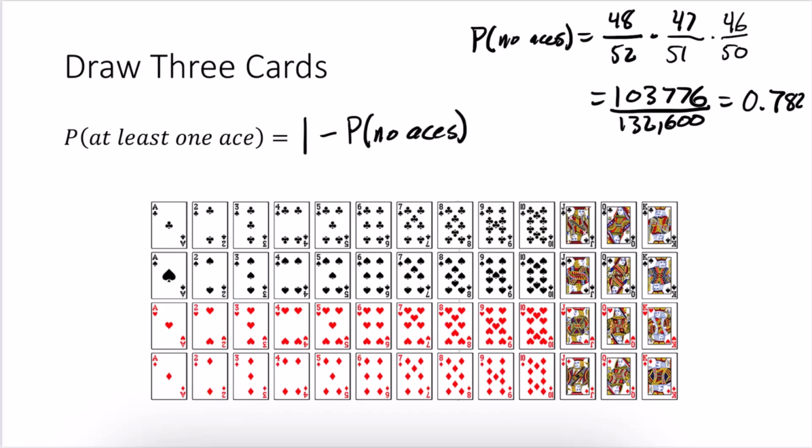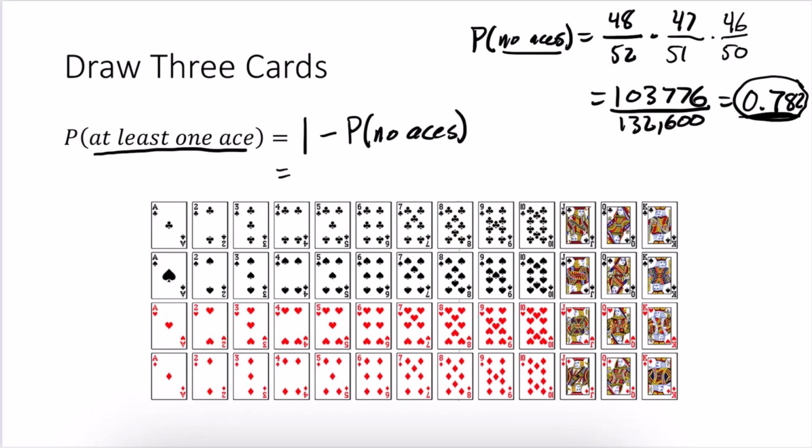And when it's in decimal form, that's really easy to subtract from 1, because remember, this is the probability of getting no aces. So it's about a 78% chance that when you draw 3 cards, you'll get no aces in those 3 cards. But the probability we were asked for is the probability of getting at least one ace.